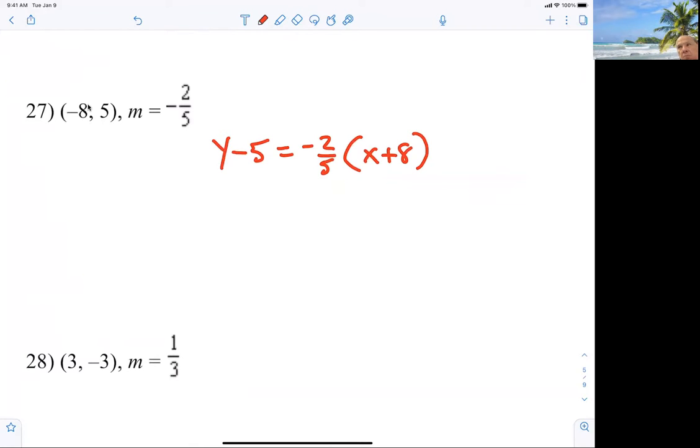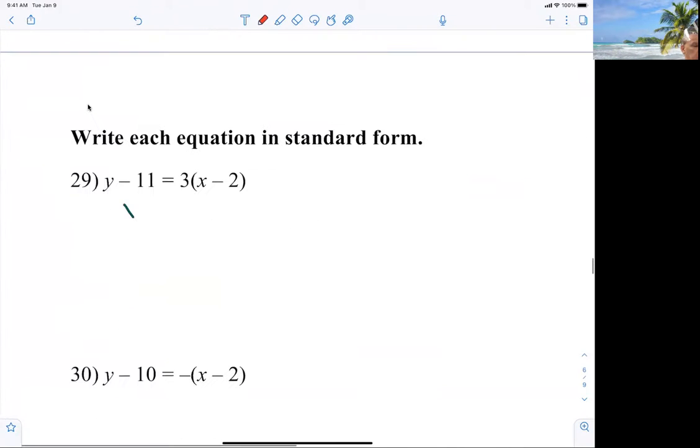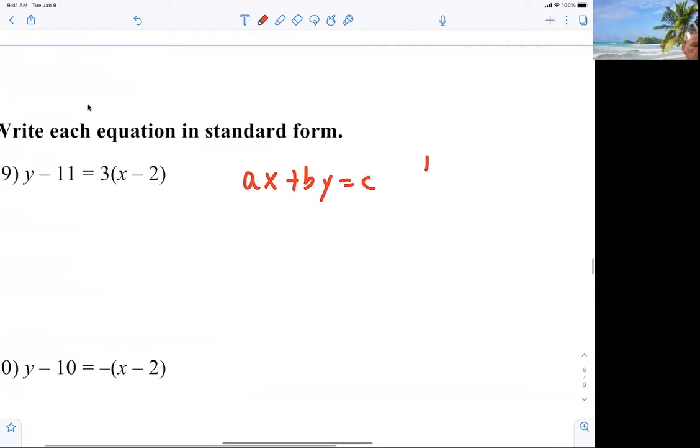Easy. All right, next one, standard form. Standard form was a little bit more annoying. Ax plus By equals C. There can be no fractions. A has to be greater than 0.